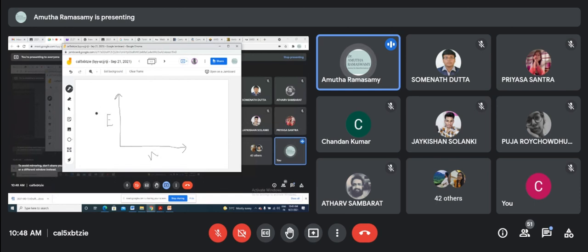When we are drawing a structure, suppose I am modeling one protein or one benzene structure, on the screen I may draw like this. I have to put one C here, a proton here, everything.